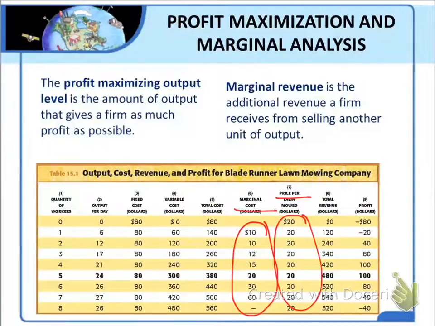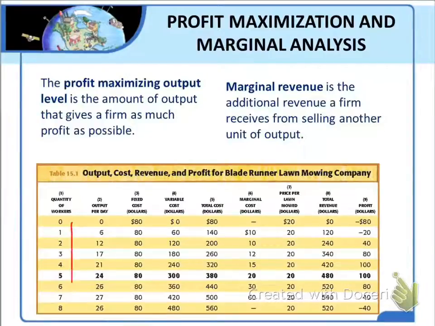Now, let's see how this logic works at Blade Runner. Output rises from 0 to 6 lawns right here. The marginal revenue is $20, right there. The marginal cost is $10. So profit rises as output increases to 6 lawns.